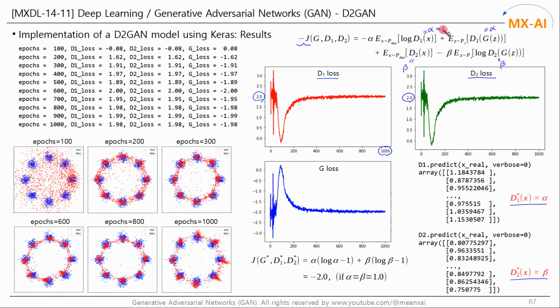Since alpha and beta are both set to 1.0, this becomes 2.0. For this reason, both losses of D1 and D2 converge to 2.0. This can also be verified by the following expression. The loss of G converges to -2.0.